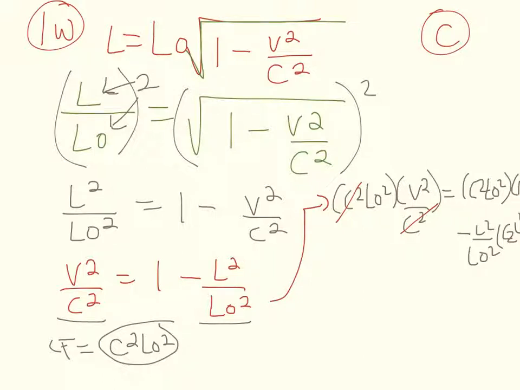On the bottom one here, that L naught squared will come out of our denominator, and we will be left with the C squared on the bottom. So if I clean this up a bit, I'm left with L naught squared V squared is equal to C squared L naught squared minus L squared C squared.